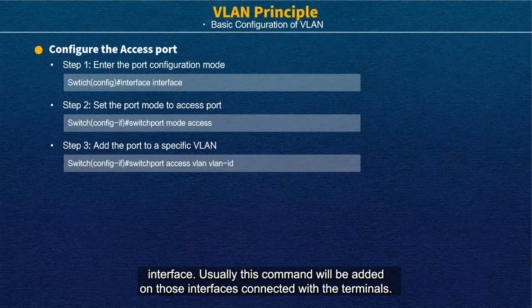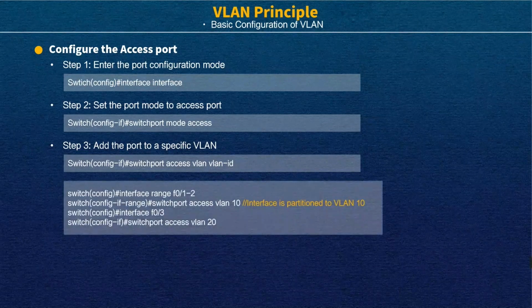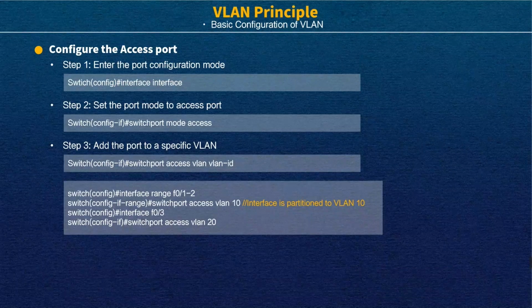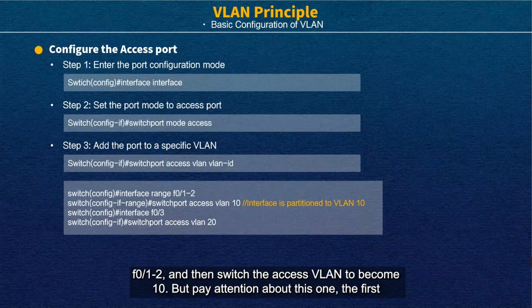Usually, this command will be added on those interfaces connected with terminals. And here is an example. You can use interface range to enter multiple interfaces, F0/1-2, and then switchport access vlan 10. But pay attention to this one.